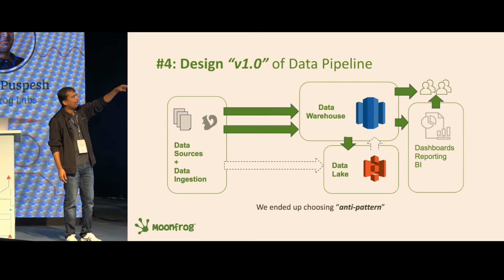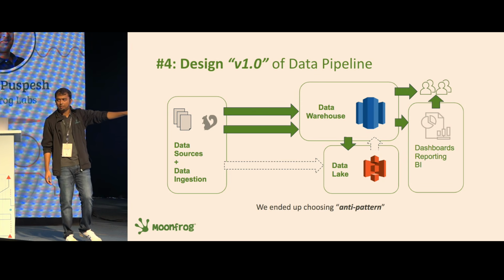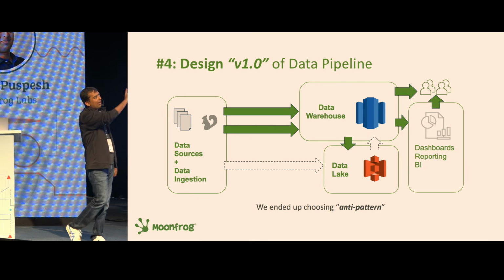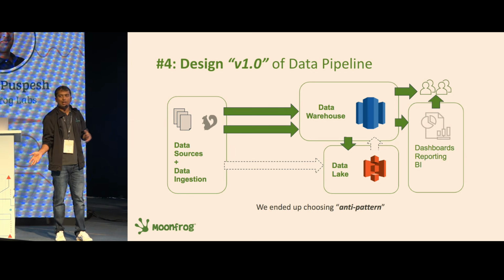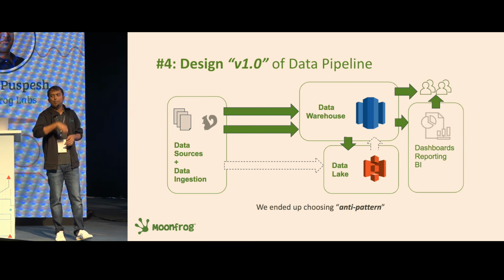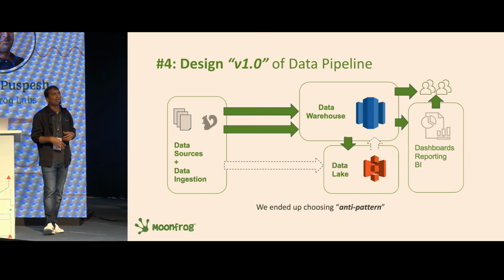We ended up putting it in the data warehouse and then backing it up in the data lake, also doing archival in the data lake for backup purposes separately, and letting users query, and dashboards, reporting and BI tools directly query the data warehouse as well, and some part of the data lake in the beginning. Later we increased the interfaces, but in the beginning all the queries were happening on the data warehouse.